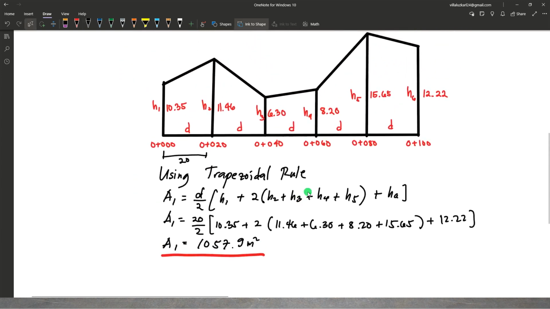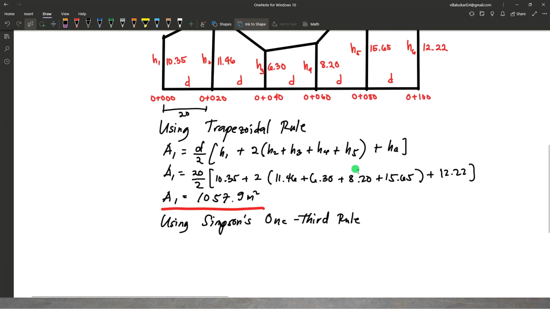So for using Simpson's one-third, say area 2, the formula is d over 3 times h1 plus 2 the sum of h odd plus 4 the sum of h even plus h of n.